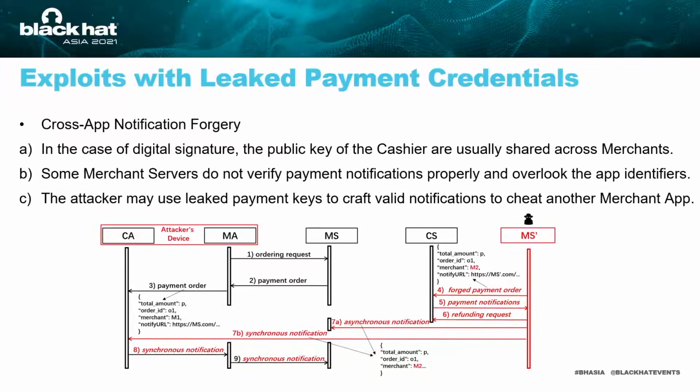Thus, the attacker may treat the cashier server as a signing oracle and control the value of the notified URL in his crafted payment order to forge some cryptographically correct payment notifications. Then, he may send these forged messages to the victim merchants. Once the merchant server overlooks the app identifier inside, such as the parameter merchant in the given example, it will be cheated and enable the attacker to shop for free.